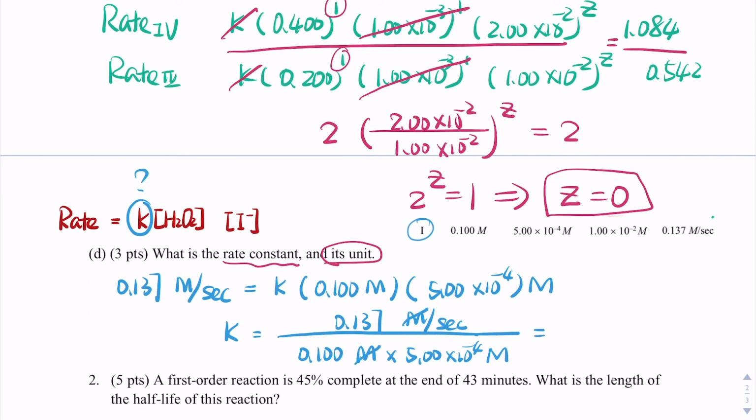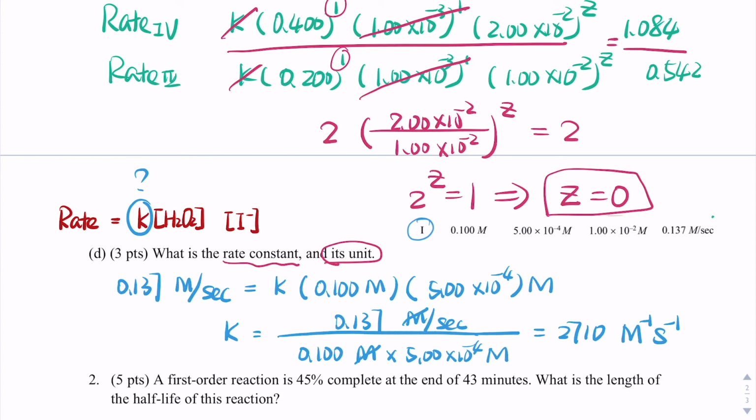Let me actually do it real quick. You put that into your calculator. The answer comes out as about 2,710. So that will be the answer, and the units should be molar to the negative 1 second to the negative 1.